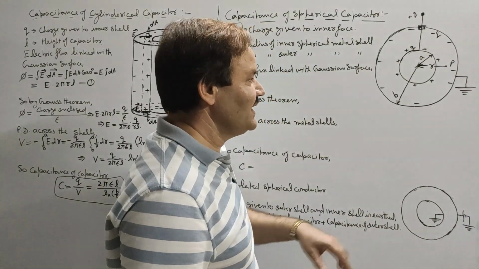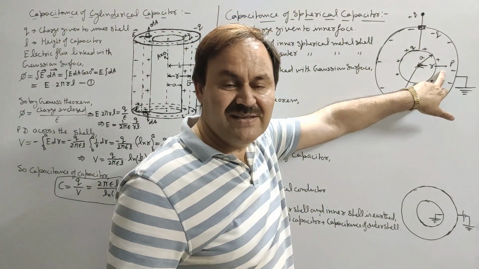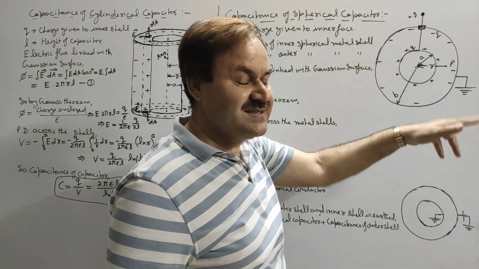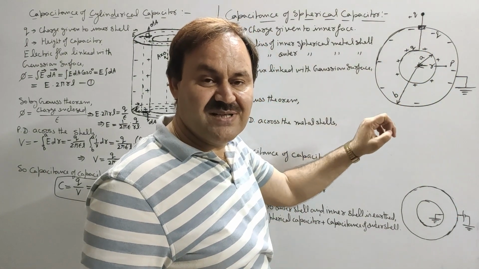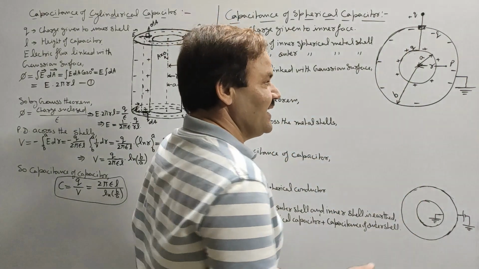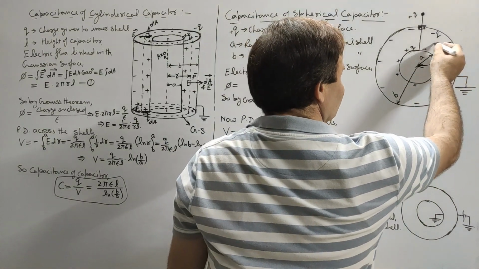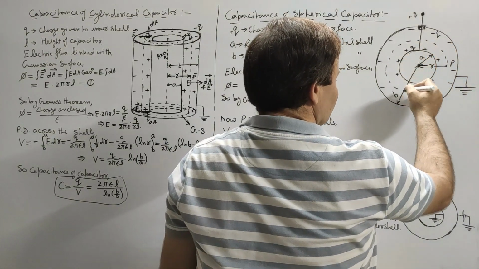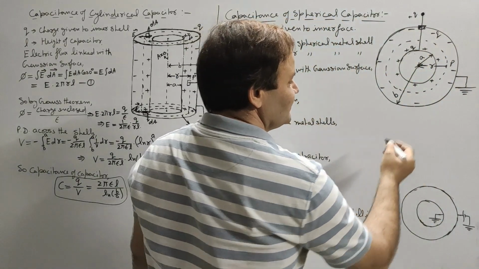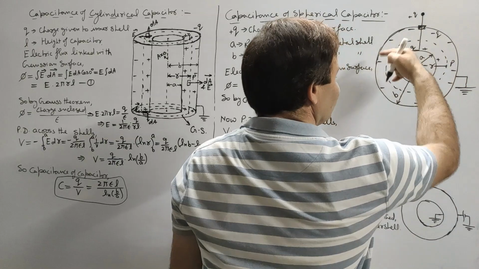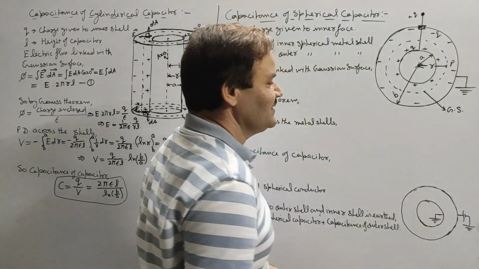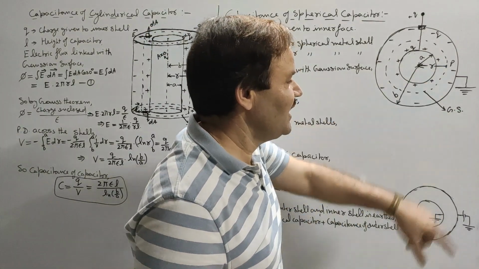Then to find electric field at point P, we will be requiring a Gaussian surface passing through P, and in this case the best suited Gaussian surface will be a concentric spherical shell, and say that concentric spherical shell is represented by this dotted part. Then this dotted part is representing the spherical Gaussian surface of radius r.